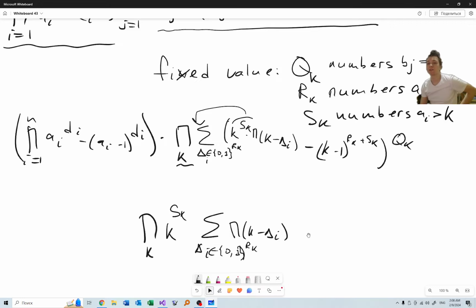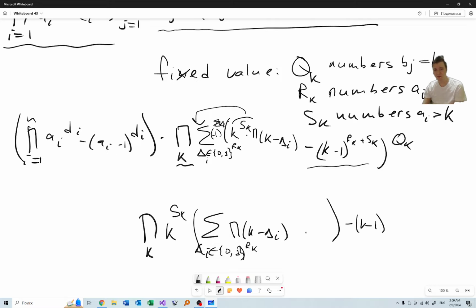Okay, for example, here, what should happen? It should be minus 1 to the power sum of deltas here. So okay, let's write it for this one. Then we subtract this number, and actually it will be minus k minus 1 to the power rk plus sk times 0 if rk is at least 1.